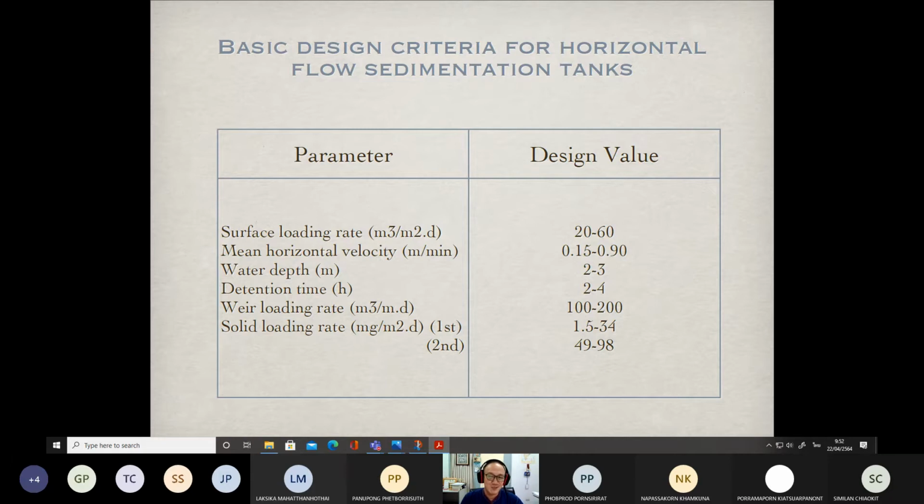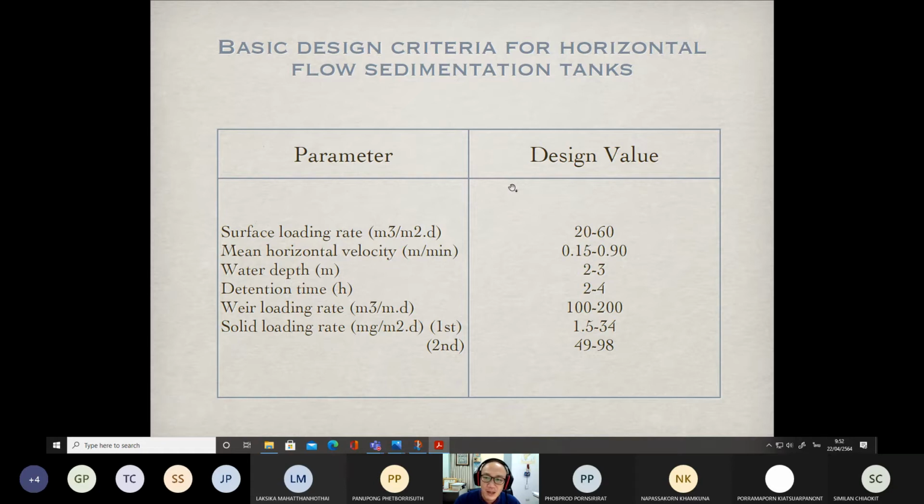For circular tanks, we need another set of design parameters. This one is just an example for the horizontal flow sedimentation tank. The surface loading rate should be in a range of 20 to 60 cubic meters per square meter per day. Water depth, detention time, solids loading rate, weir loading rate: you can apply these values for the design of horizontal flow sedimentation tanks.